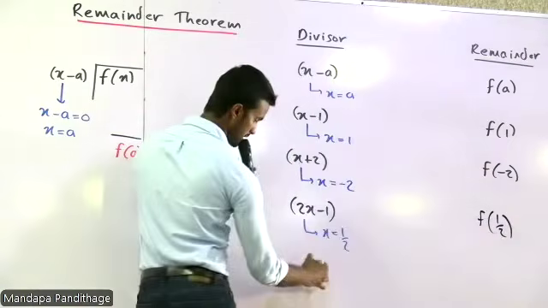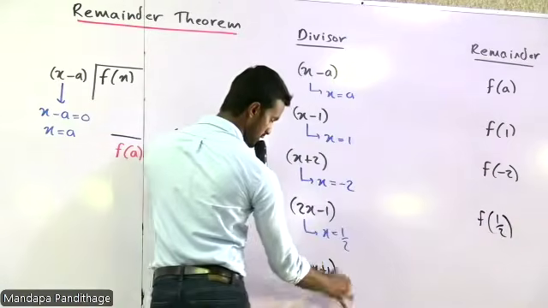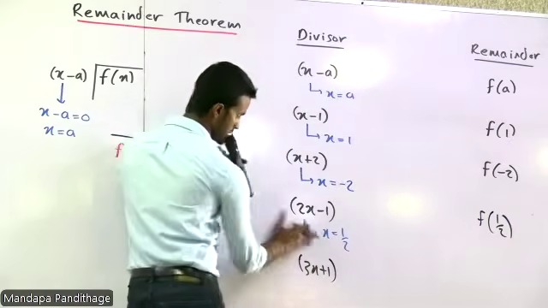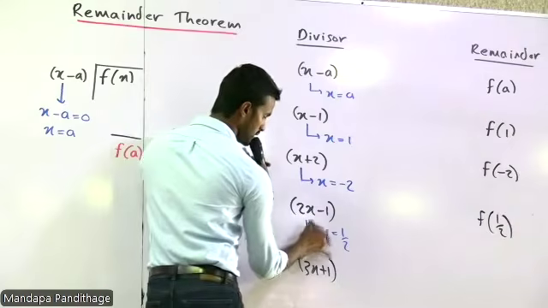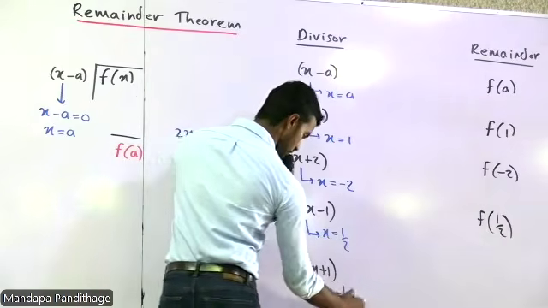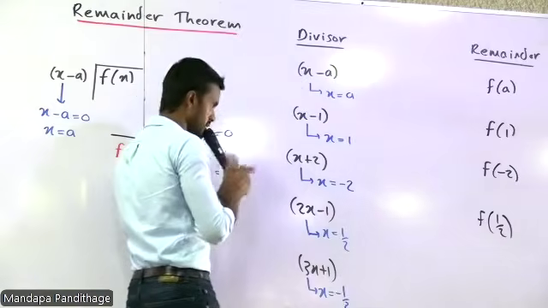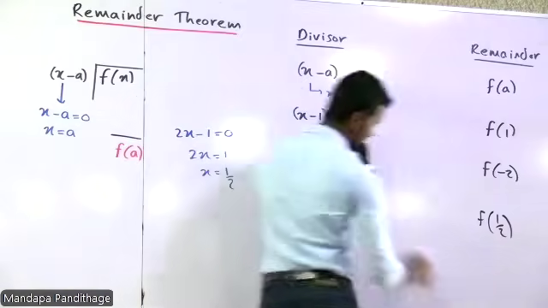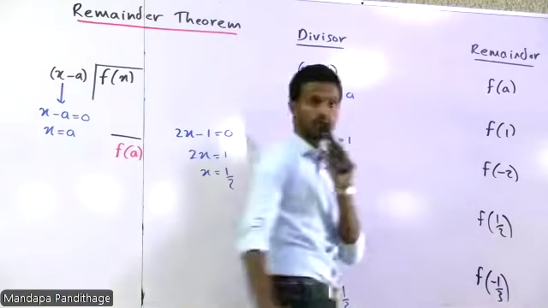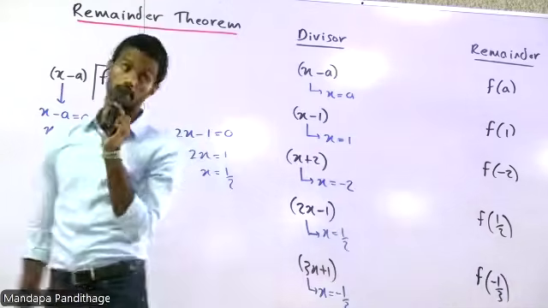Okay, if I consider 3x plus 1 as the divisor, this becomes 0 when x equals minus 1 over 3, which means the remainder is f(minus 1 over 3). Clear?